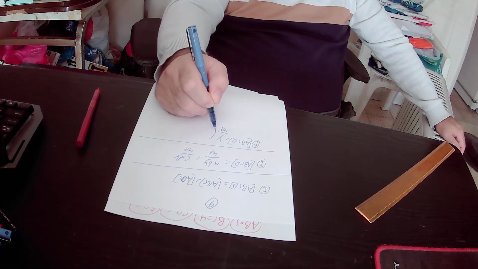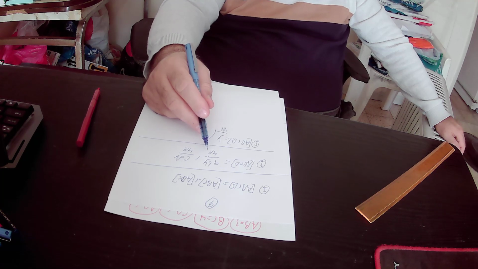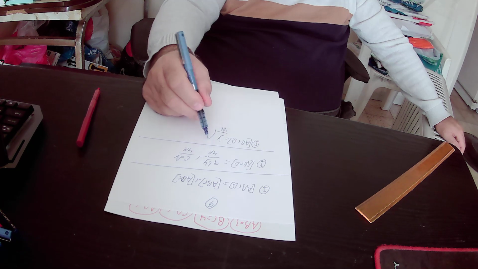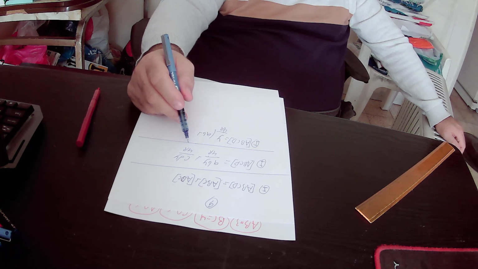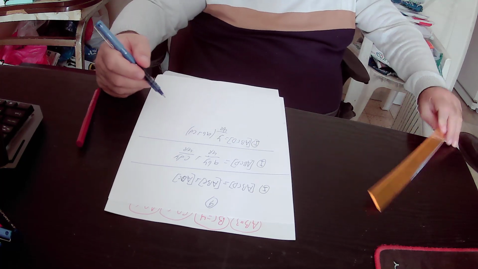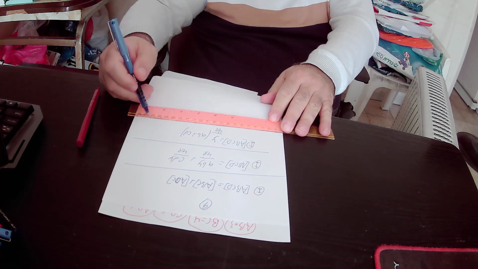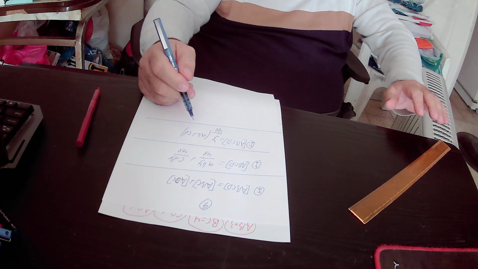So what's left inside the brackets? Left from these expressions only AB, and here what is left after we took Y over 4R as a common factor is only CD. So we found out that the area of quadrilateral ABCD equals Y over 4R times AB plus CD.